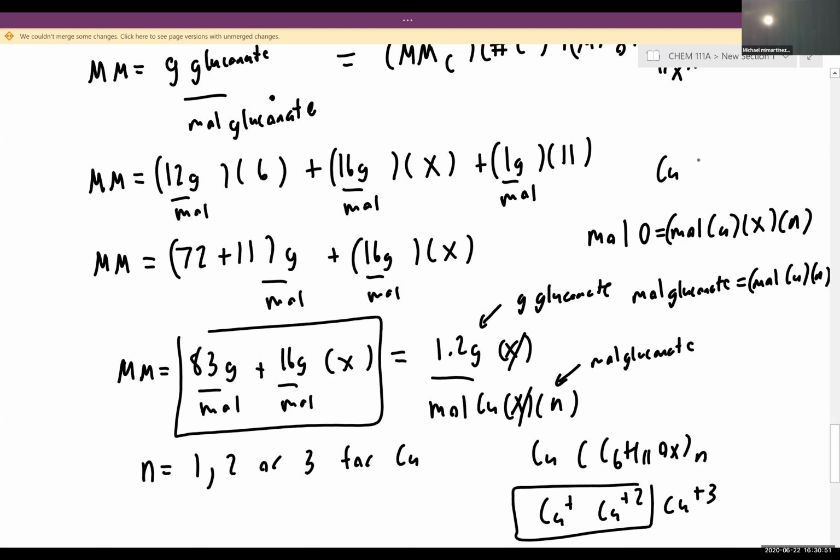Our formula is of the form Cu(C6H11O_X)_N. So for every 1 mole of copper, we have N moles of gluconate. Does that make sense so far? Does everyone get where this relationship comes from? Is this making a little bit more sense now?